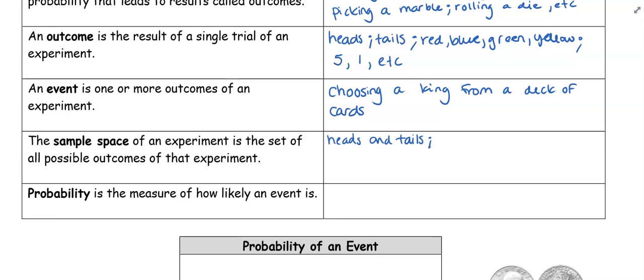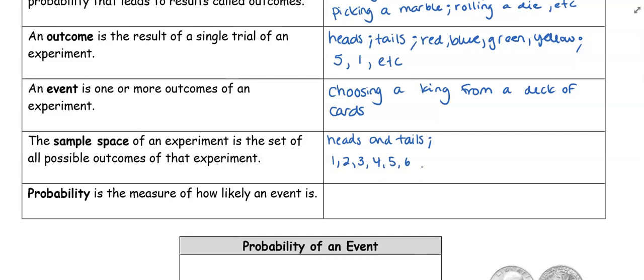If I'm rolling a die, a die has 1, 2, 3, 4, 5, and 6. Now there are other dice out there that have more sides, but for a standard 6-sided die, those are all of the possible outcomes. So the sample space of an experiment is the set of all possible outcomes.